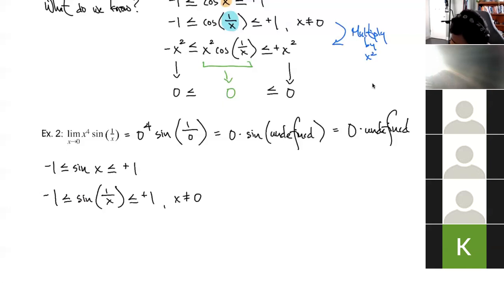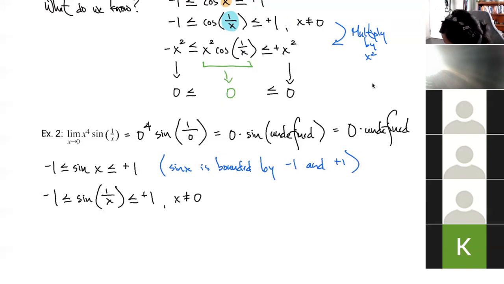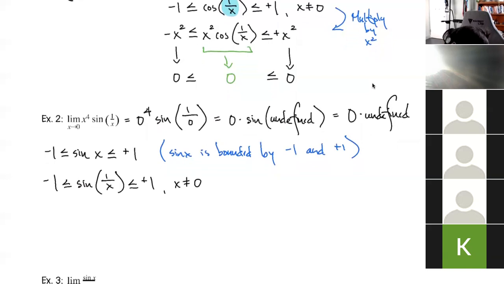So the reason why we're doing this, and maybe if we were to annotate this a little bit, is sine x is bounded by -1 and positive 1. In other words, it's the range of sine. You could also write that as well. But that's a really good question. Do we always put it between -1 and 1? If it's a sine or cosine, then yes. But if it's not sine or cosine, we would have to find a different strategy.